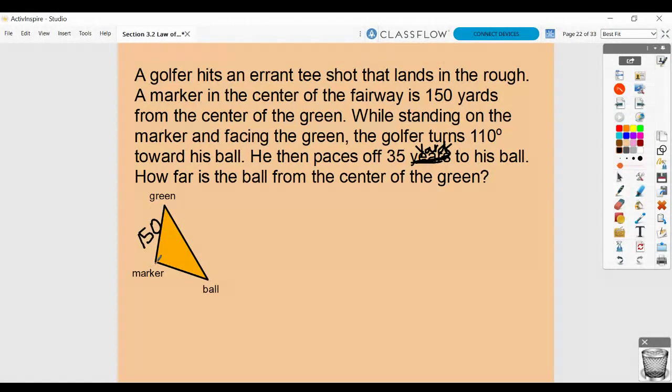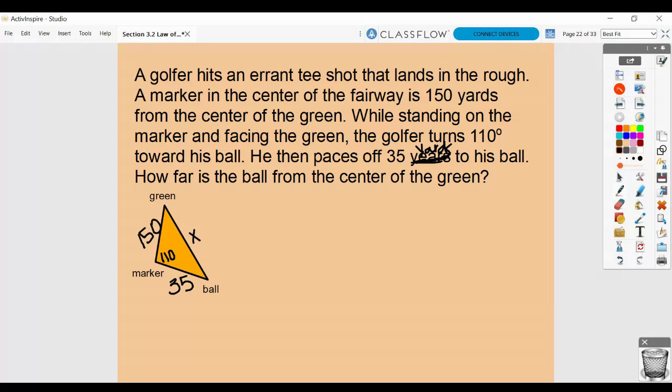He turns 110 degrees towards his ball. So 110 would go there. He then paces 35 yards to his ball. So how far away is the ball from the center of the green? Okay, so that's what we're looking for there. The 35 yards would go between the marker and the ball because he walked 35 yards.